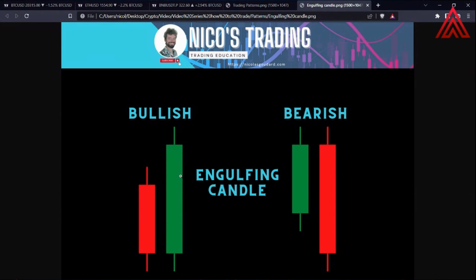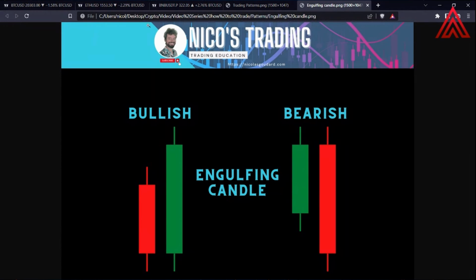Okay, the bullish one is basically when you have a red candlestick and you print a green candlestick after that, where the body is bigger than the previous candle. Okay, so it goes in the opposite direction and it's bigger than the previous candle. It works for bullish or bearish. Bearish is the opposite. The price goes down, and the body of that red candle is bigger than this green candle. Okay, so that's, for example, a candlestick pattern.